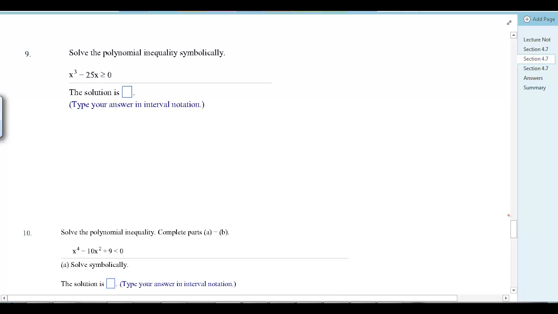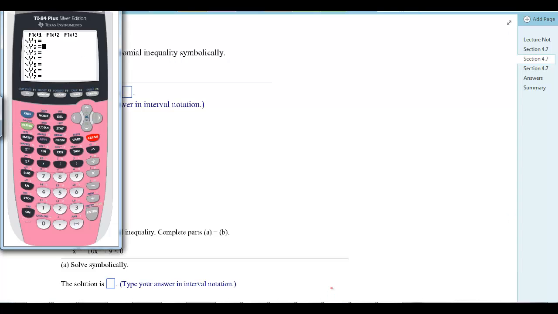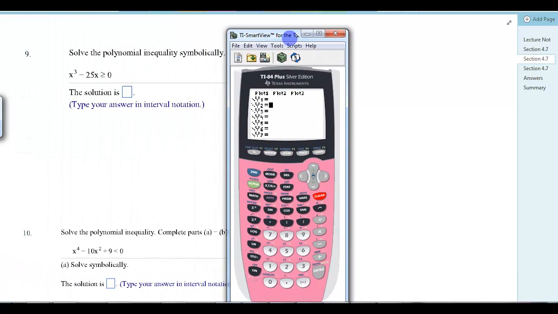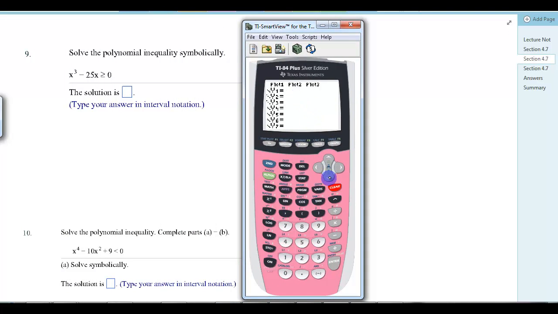All right, 9 and 10, we need to use our calculator and get a picture of these. So we'll bring this over here, and we're going to put in y1, we're going to have x cubed minus 25x. Zoom 6 so I can get a picture.